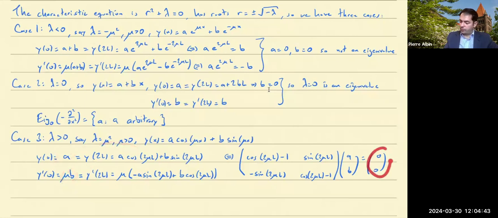So we get an equation with 0. And we're going to get an eigenvalue whenever there are multiple solutions to this, right? Because if there's only one solution, that solution has to be the 0 vector. If I put a equal to 0 and b equal to 0, that certainly solves this system. So we're looking for when are there non-zero solutions, and that's exactly when the determinant of this matrix is 0.